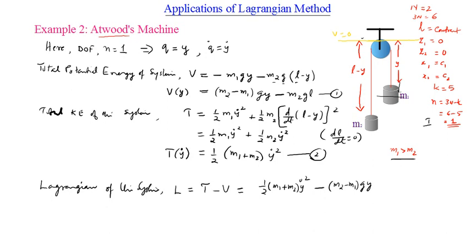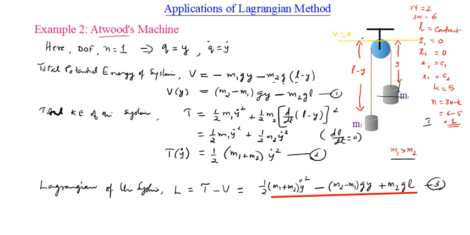Then that minus will become plus m2 g l. That's my third equation, and this is a quite relevant step. Obtaining the Lagrangian is a crucial step in the solution of the problem.